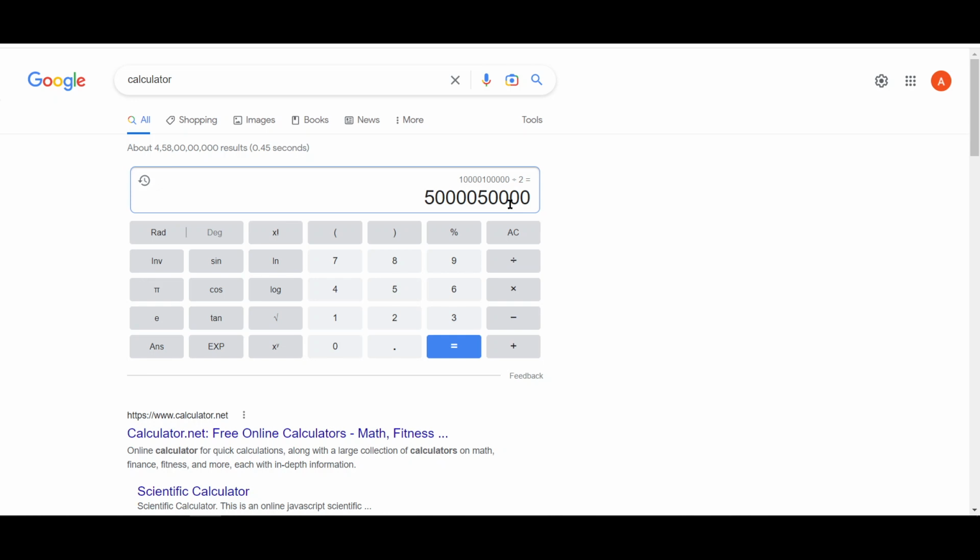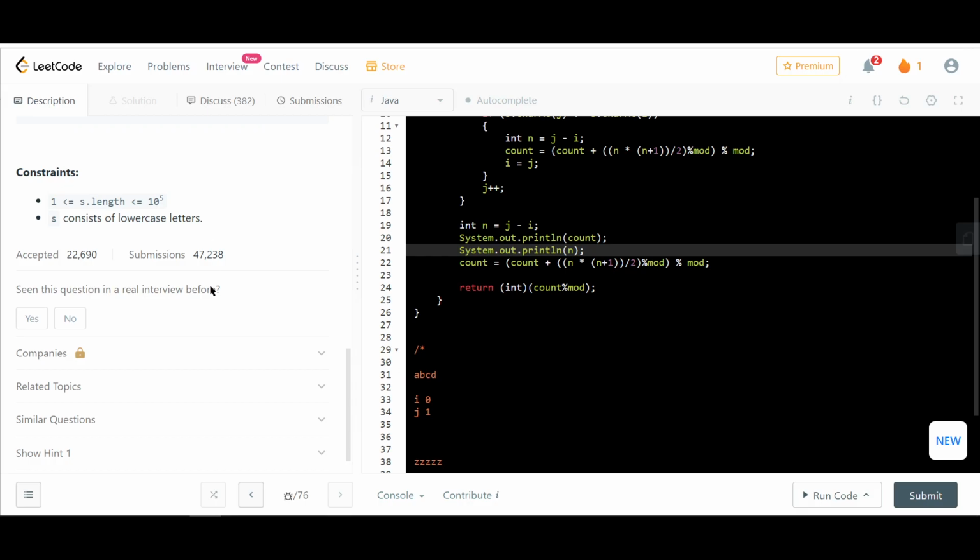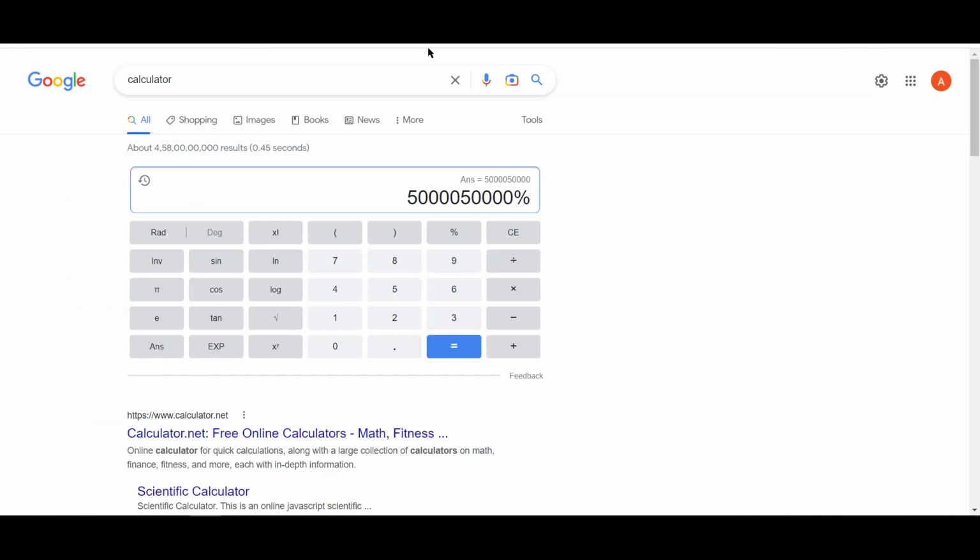So this is the answer. And now if you do modulo, okay, in modulo you want 10 to the power 9 plus 7, I guess.